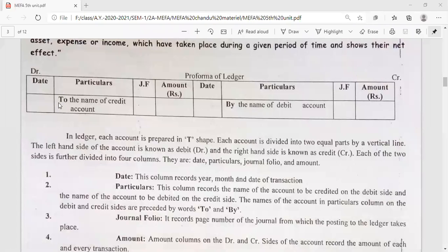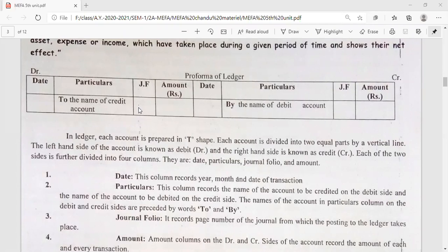So the debitor side will also have date, particulars, and JF, which means journal folio. That means we will write the page number of the journal here, and the book number also, right?